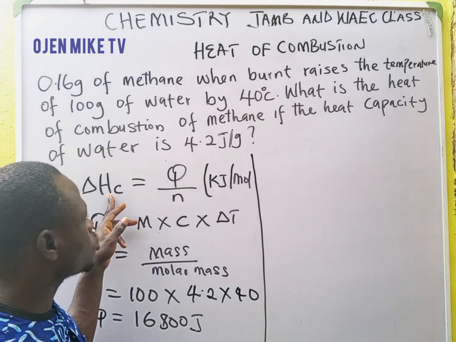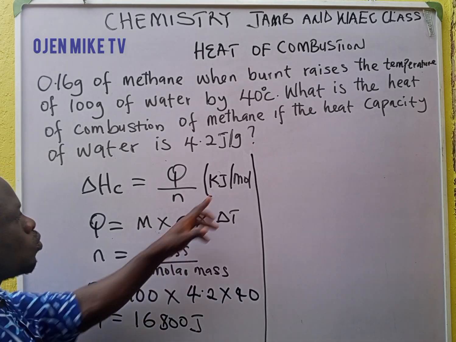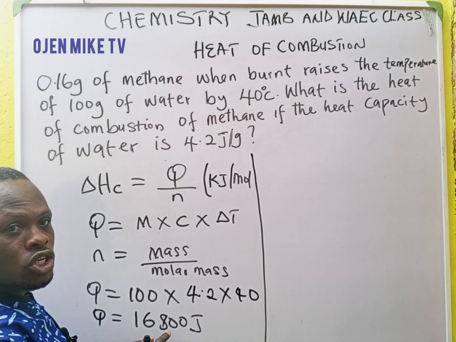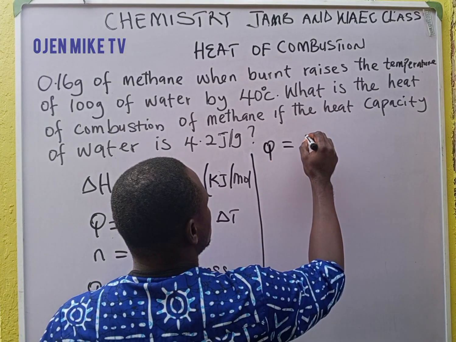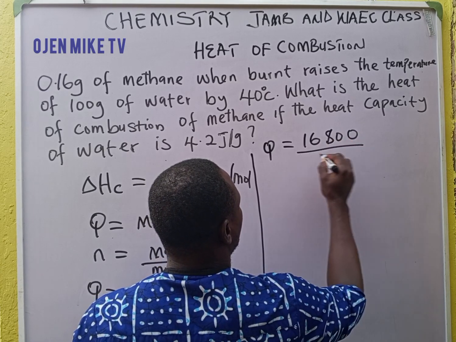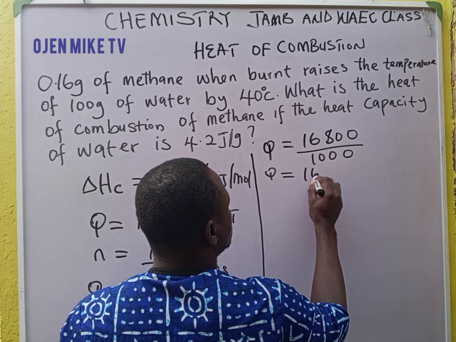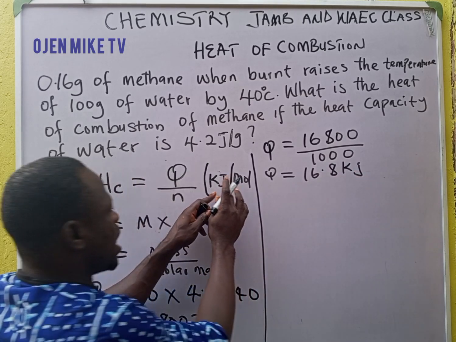Since the heat of combustion is in kilojoules, we need to convert this value into kilojoules. How do we do that? Q is equal to 16,800 divided by 1,000, so Q is equal to 16.8 kJ.